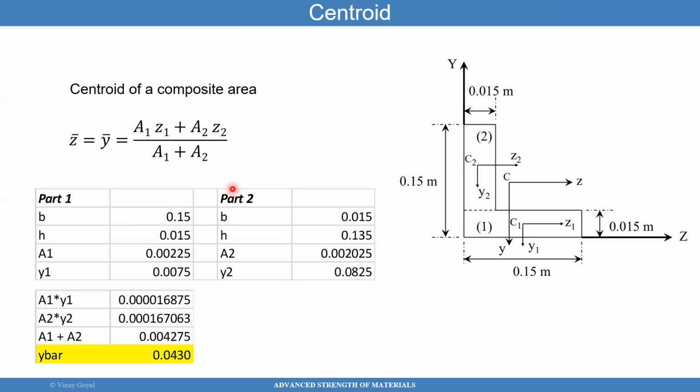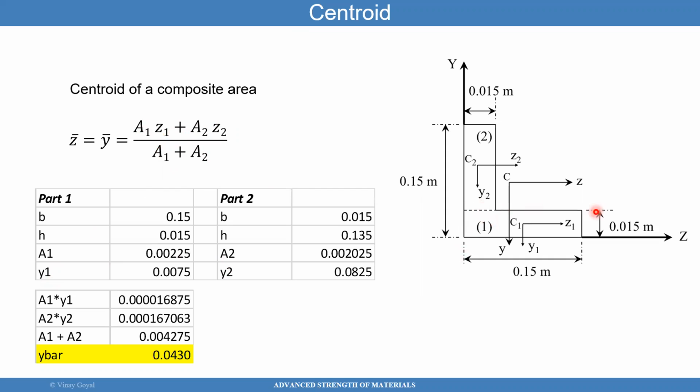And now I will use Z1 and Z2, which is what we're going to look at next. In fact, what I did here was the calculation for Y1 and Y2 in this particular example. You can do it for Z1 and Z2, but in this example, I'm doing Y1 and Y2. So let's look at the location where Y1 is.